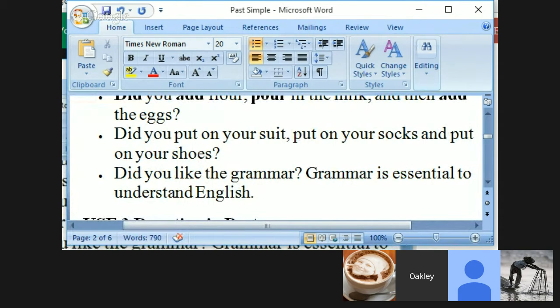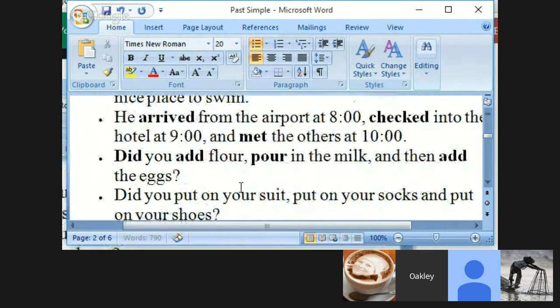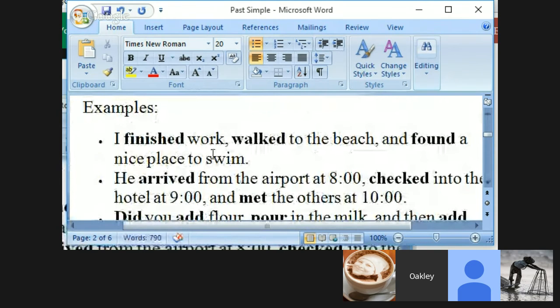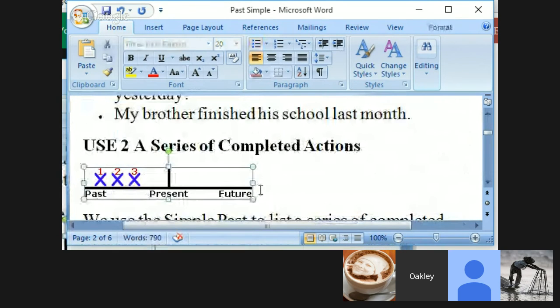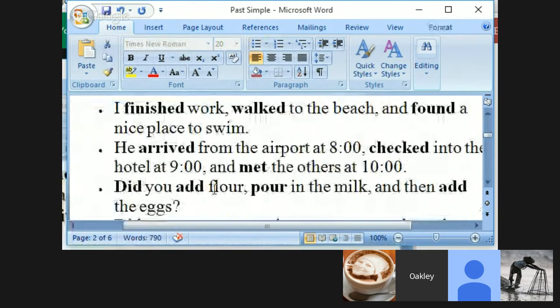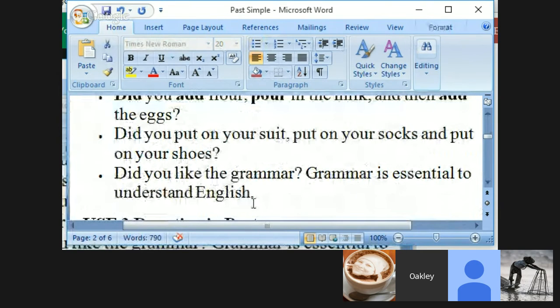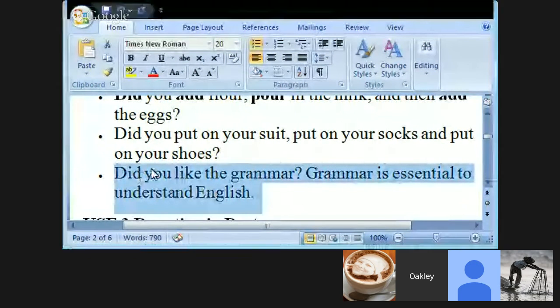There's nothing wrong with your sentences, but we were trying to accomplish using a series of events. Actions. That doesn't really fit what we're trying to do here.